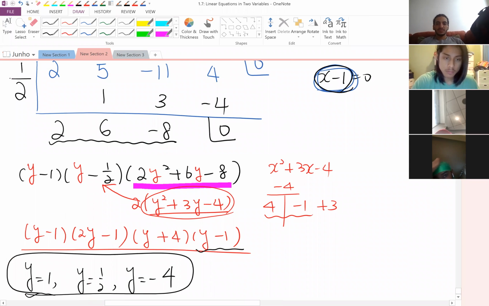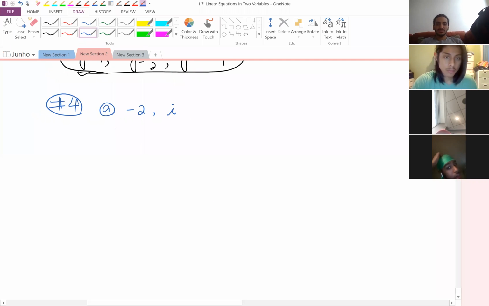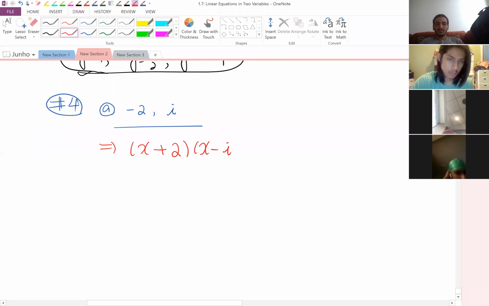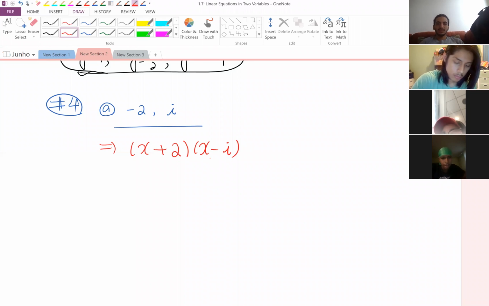Therefore, based on the concept, you can rewrite this as x plus 2 and x minus i. So far, so good? Do you always have to switch the sign? Yeah, basically we are putting their opposite.